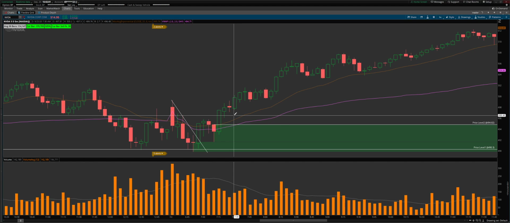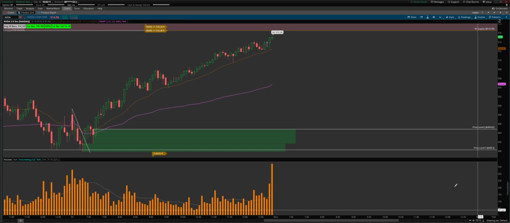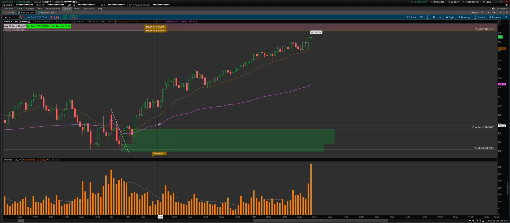You have to allow your stock to breathe, even if it doesn't work out automatically. So there's the next 5 minute demand on Tesla. I'm essentially showing you guys how to train your eyes to look for these 5 minute demand scalps. And on a strong stock and on market trending days, these work phenomenal.